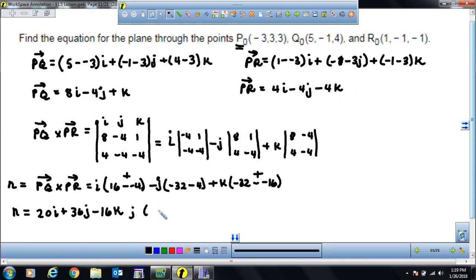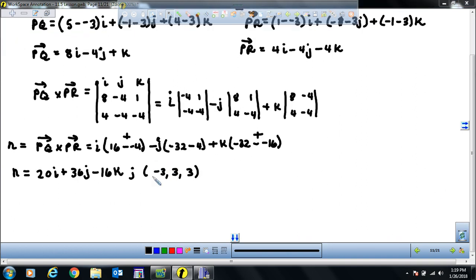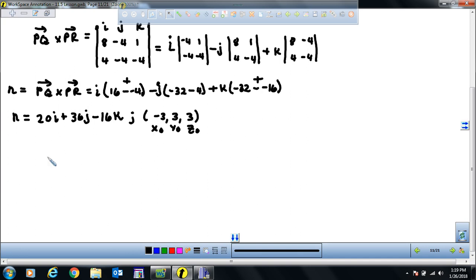I'm going to use the negative 3, 3, 3 as the x of 0, y of 0, and z of 0. So the plane would be in the form a times x minus x of 0 plus b times y minus y of 0 plus c times z minus z of 0 equals 0.